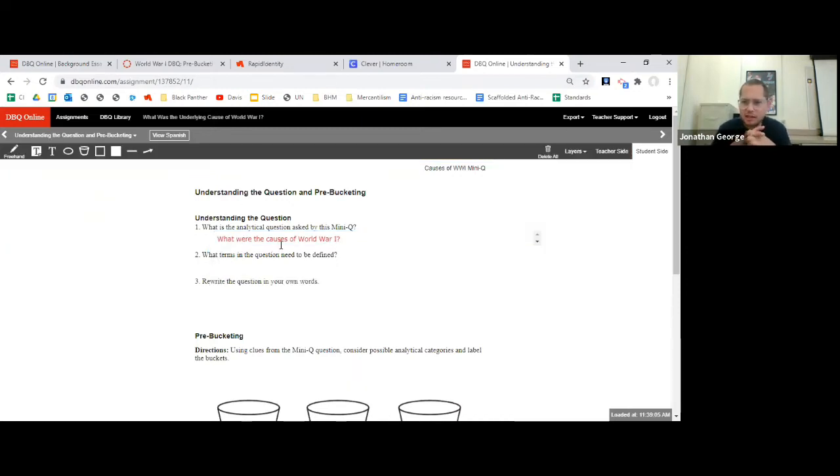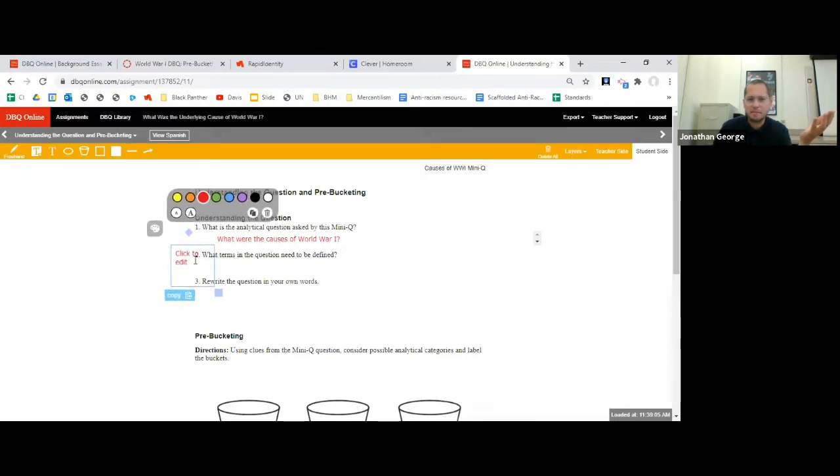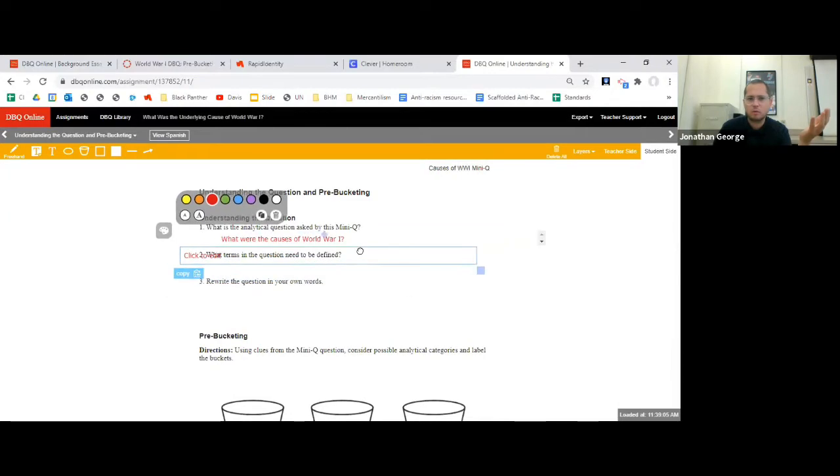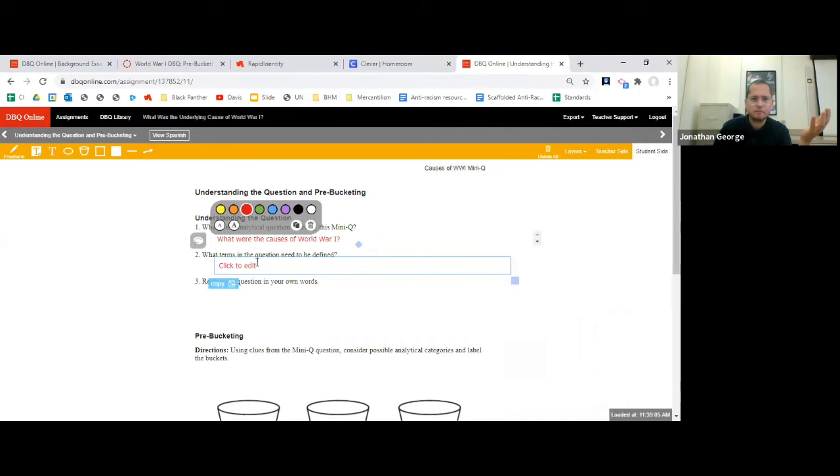Now, if we take a look at this, let's look at number 2 here. What terms in the question need to be defined? If I'm looking at that, maybe I'm going to get a little picky here. I'm going to say causes and World War I. Causes: what leads to something like that.